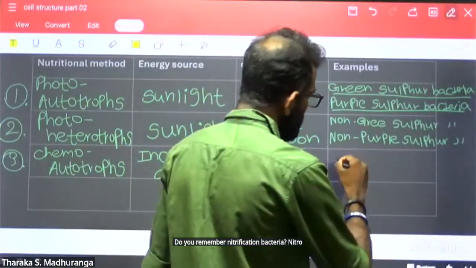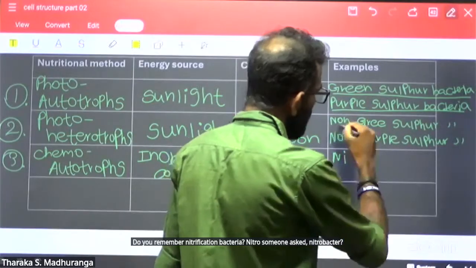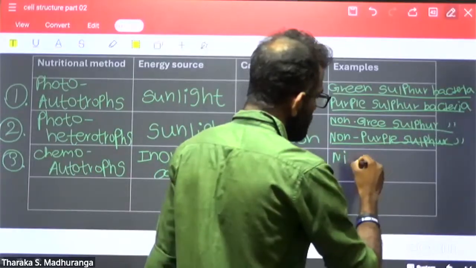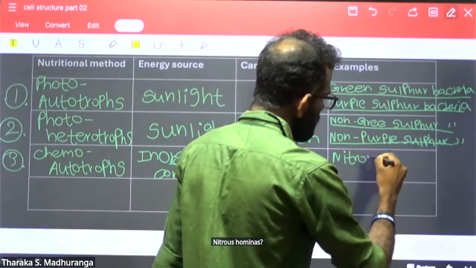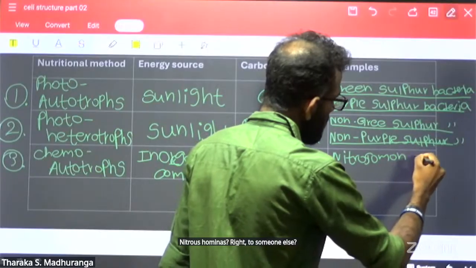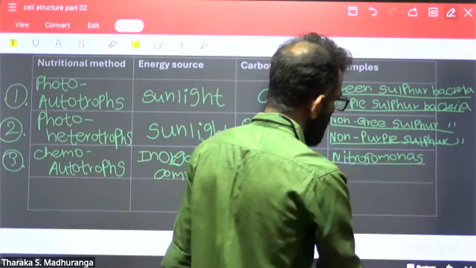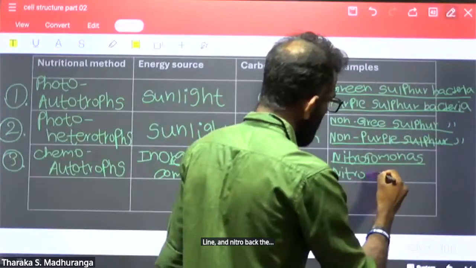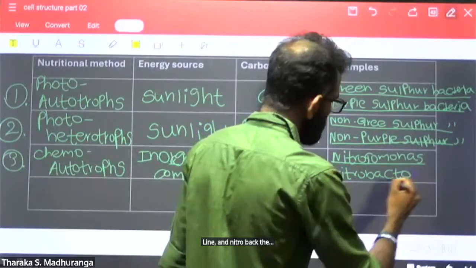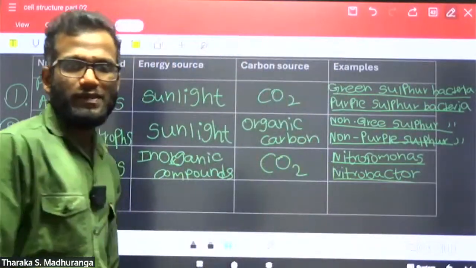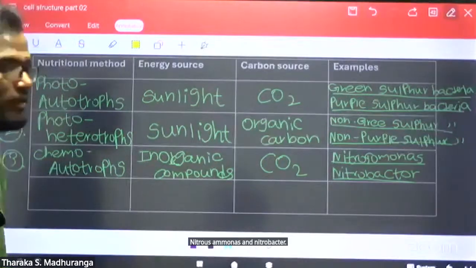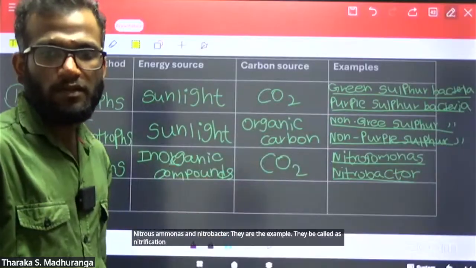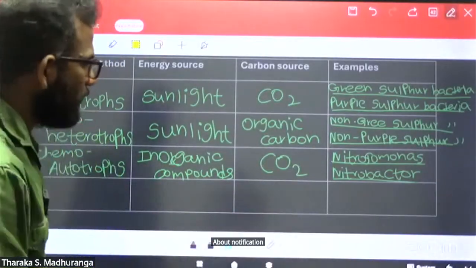Nitrosomonas and Nitrobacter. They are the examples, which we call nitrification bacteria. About nitrification, I will explain on the next page.